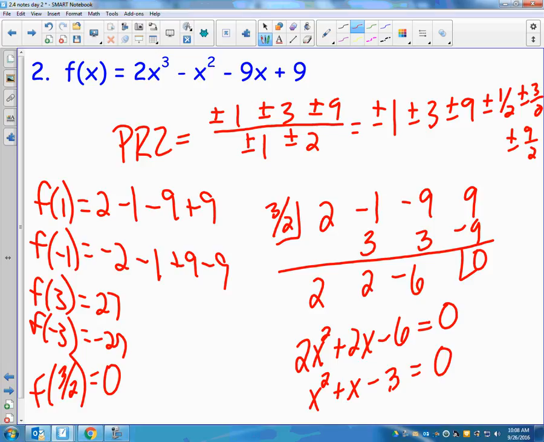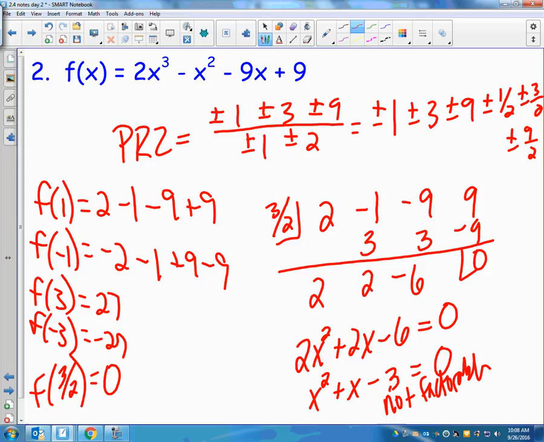Either way, it's not rational. So if it asks you only for the rational zeros and you get down to something that's not factorable or it's not a real number, you don't have to keep going unless it says find all the zeros, okay? So this is not factorable, which tells me that I don't have to pick more of my numbers here.